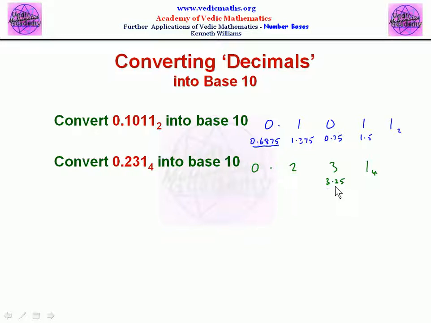That's 0.8125, so that'll be 2.8125. Now divide 2.8125 by 4 and add on 0. We're going to get 0.703125. And that's the answer.